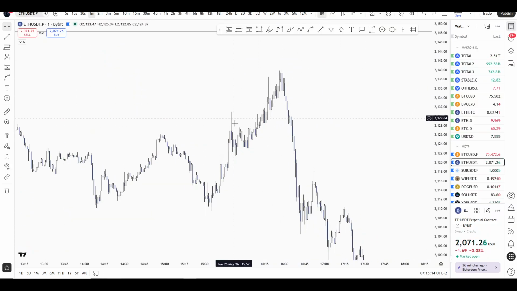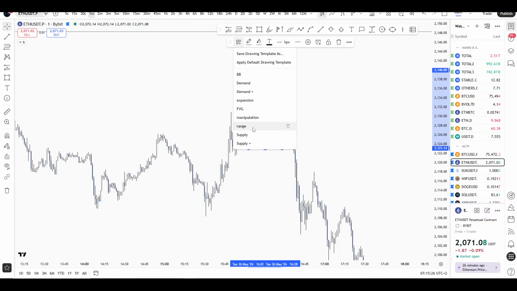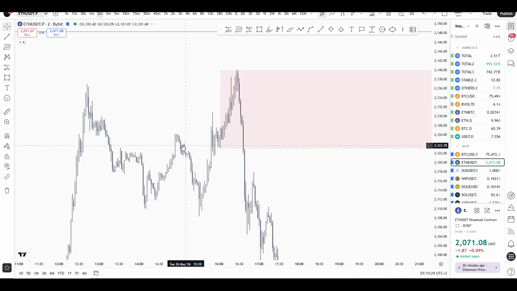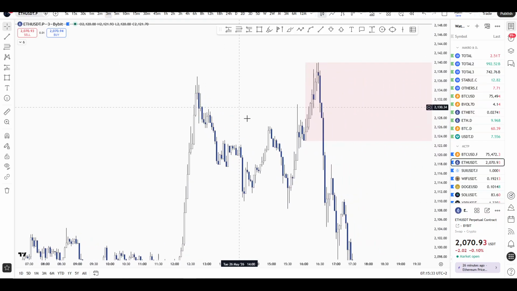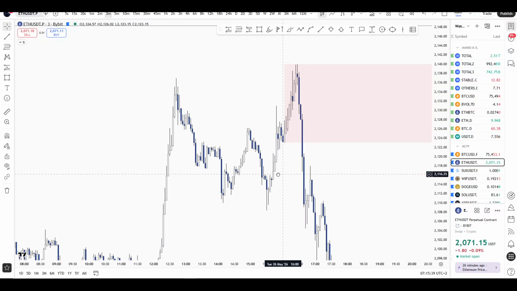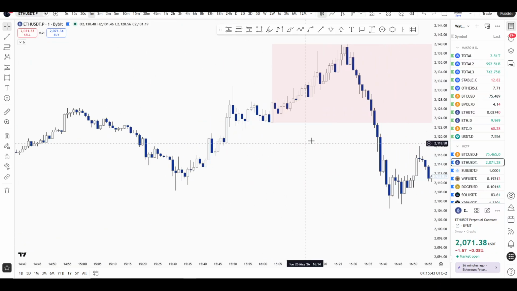do we have structure here? Well, it would be like this. And it's only on the 1 minute. Yeah, a bit awkward market structure here.